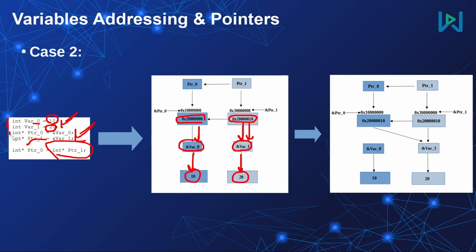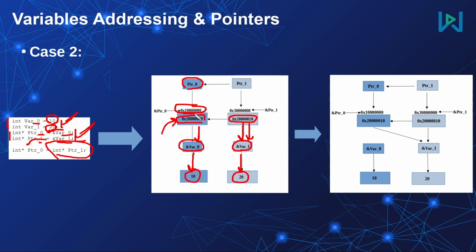Now in the next lines, I have created two pointers, pointer number 0 and pointer number 1. I have initialized pointer number 0 with the address of our variable number 0, and the same for our pointer number 1. In reality, this means that pointer number 0, which is also allocated a memory address, will be initialized with the address of our variable 0.